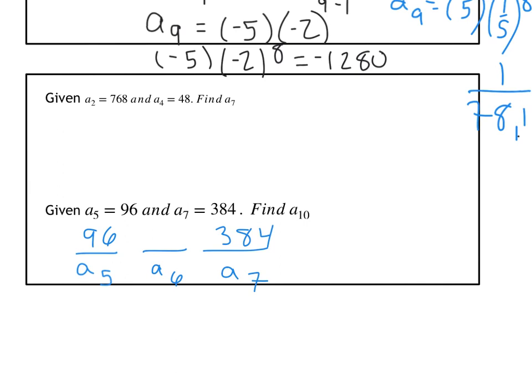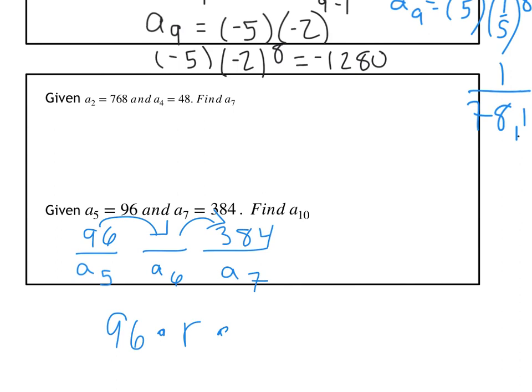Okay. Now, if we think back to what we did with arithmetic, we're going to use the same thought process. So, if I start at 96, now in this case, instead of adding, we're going to multiply by r one time.